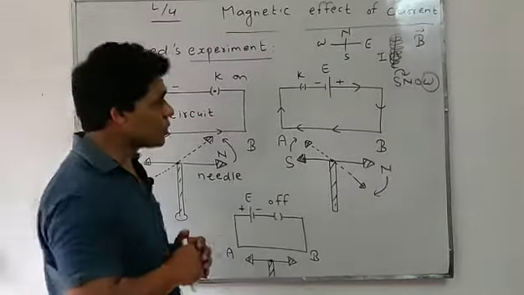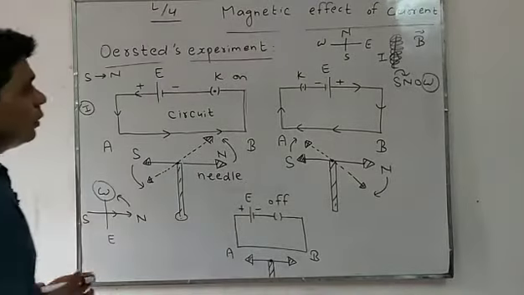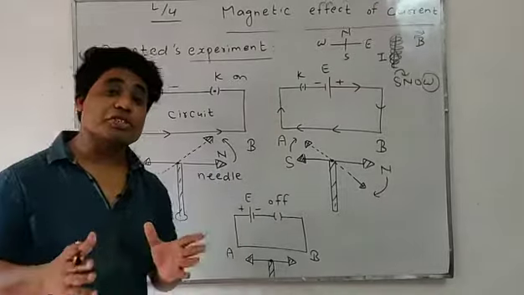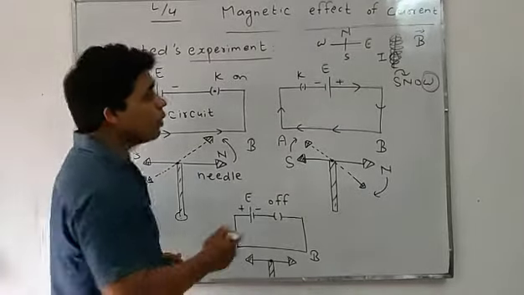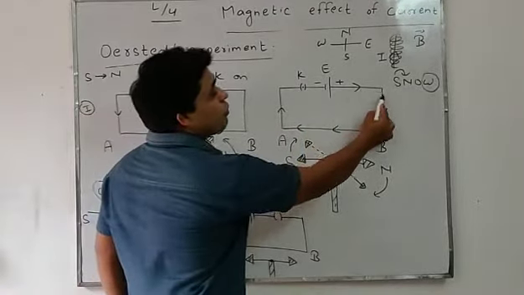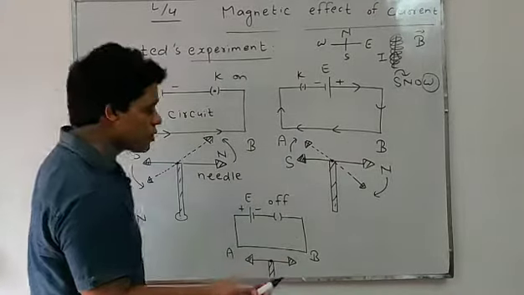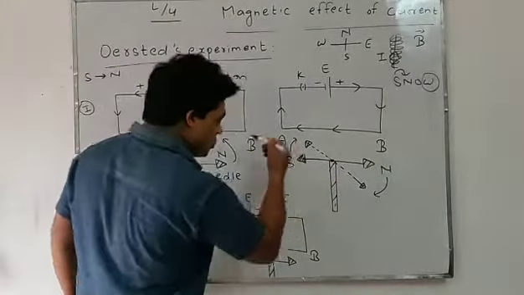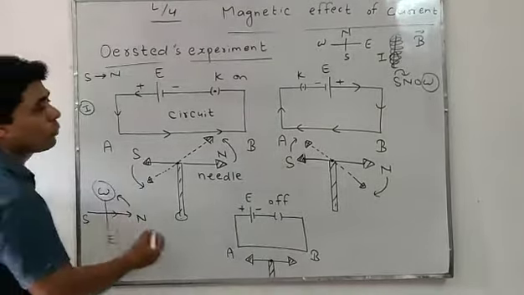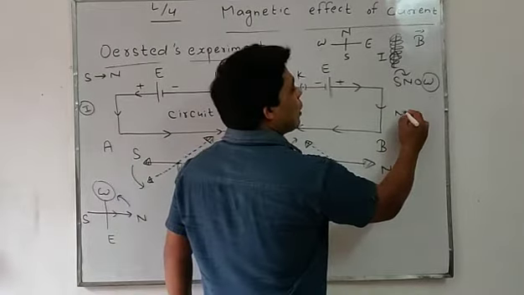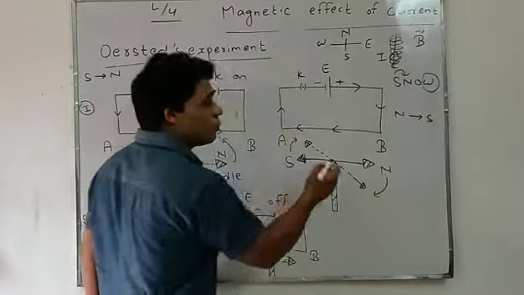What did he do in the second condition? He changed the polarity. This time current is moving from B to A, in other words from north to south.